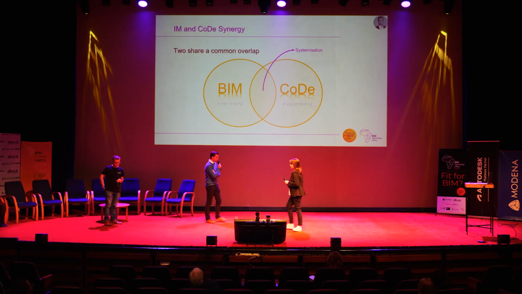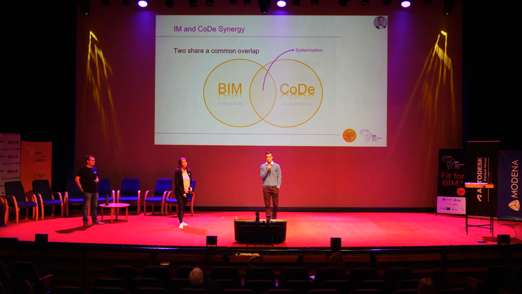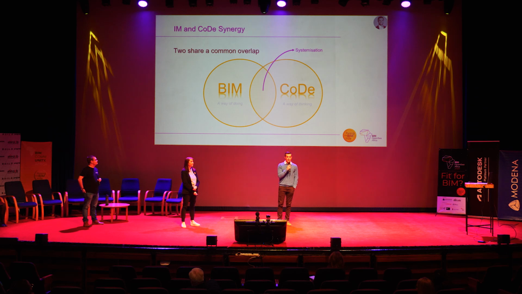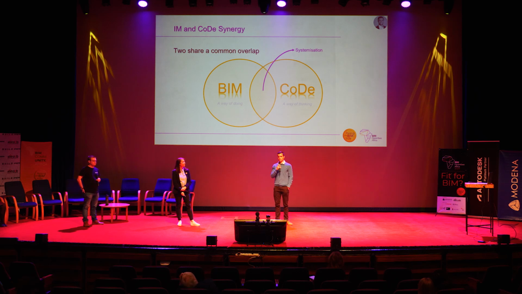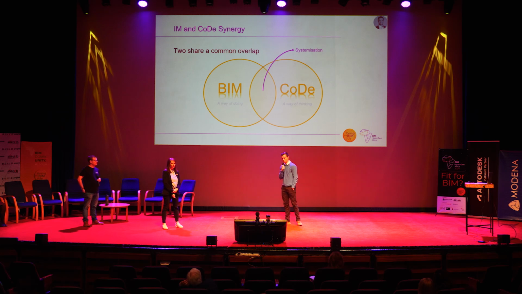And so going from what we've heard about the 9 stages of the BIM process, it's a way of doing. You do each stage, you move on to the next part. But we as computational designers and the CoDE thinking process is there so that we can find this unity between the BIM process and between the computational design process to reach that systemization that Astrid was talking about.